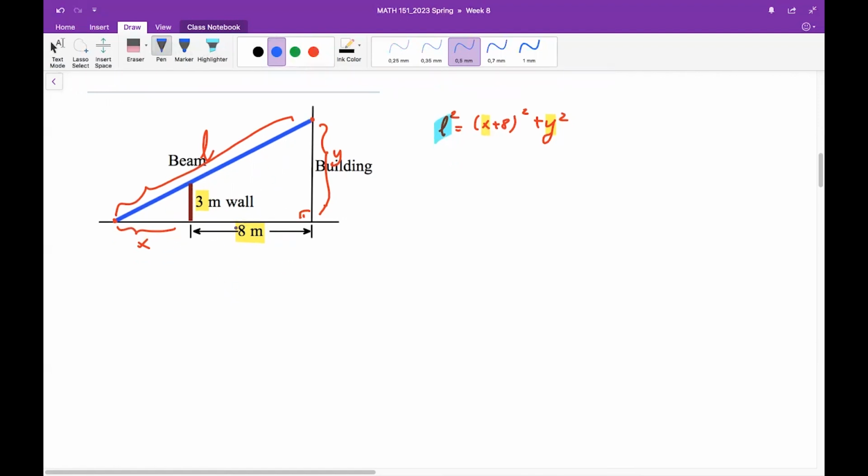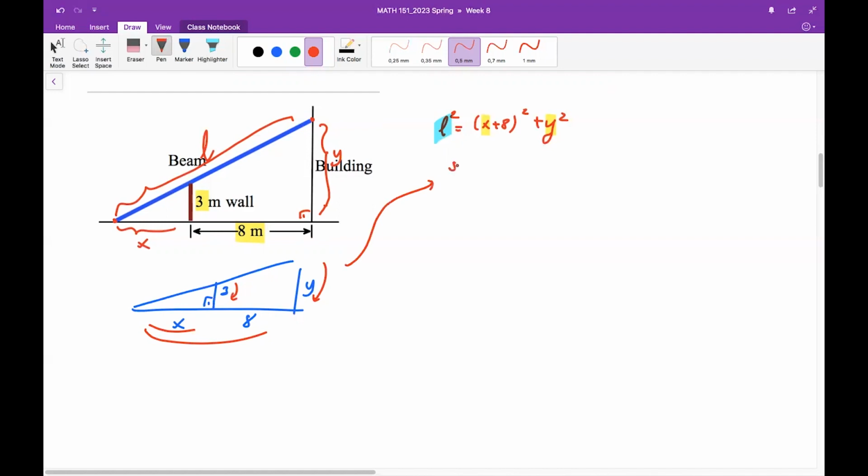So you see here, right? We have a triangle like that, and here is x, 3, 8, y, and the similarity works like x over x plus 8 is the same as 3 over y. Okay, let's use this similarity of triangles.